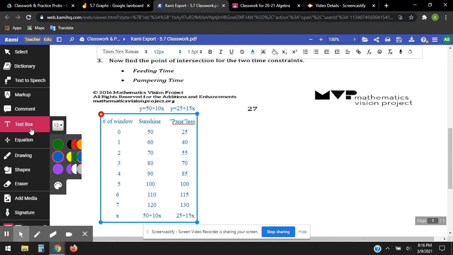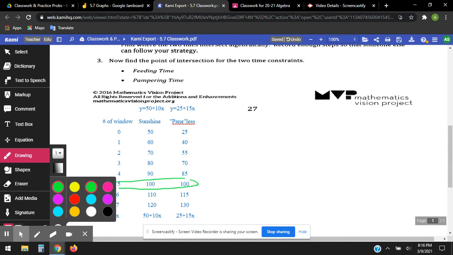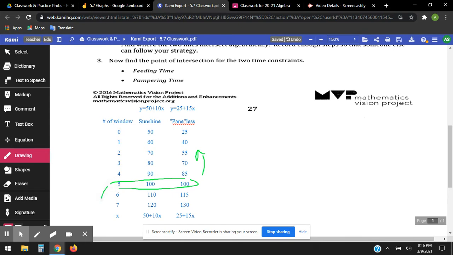It looks like when I'm doing this, at 5 windows, it doesn't matter. Less than 5, you want Painless, but more than 5, you would want Sunshine. So let's see if our graph also matches this.